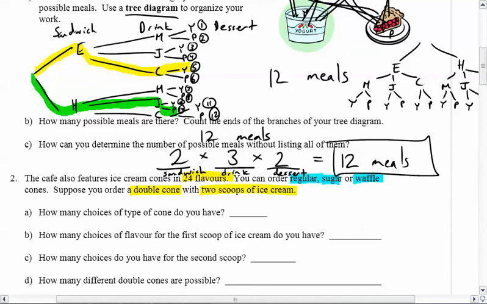So first of all, how many choices of cones do we have? We've got regular, sugar, waffle. So 3 choices of cones. For our first scoop of ice cream, we've got 24 choices. It doesn't tell us that we're not allowed to repeat, so we could have 2 scoops of vanilla. So there's 24 choices for the second scoop.